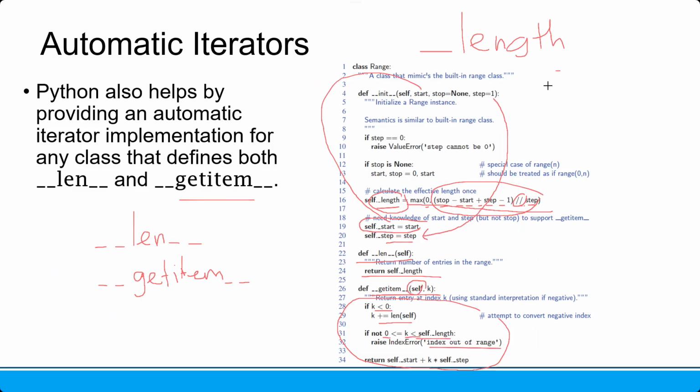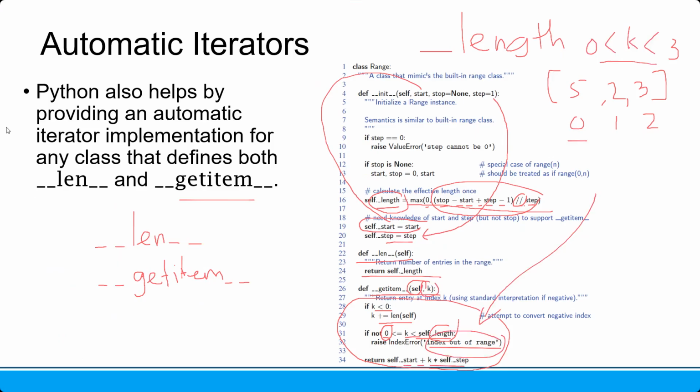It means if I have the data 5, 2, 3, then the index will be 0, 1, 2. So if the index is in between 0 and the length 3, and the starting is 0. If k is not in between, then error. The error message is index out of range. And we get the item by using the start plus k multiplied by the step.